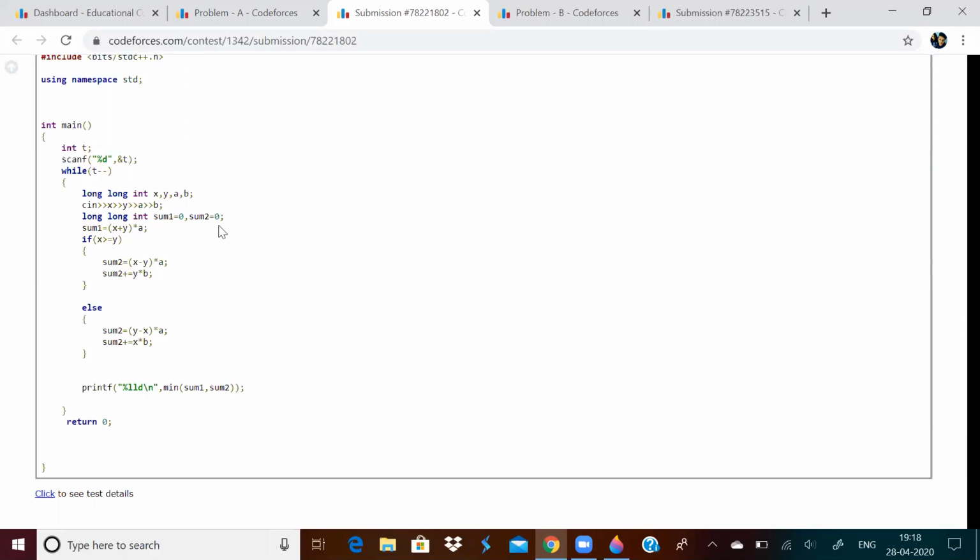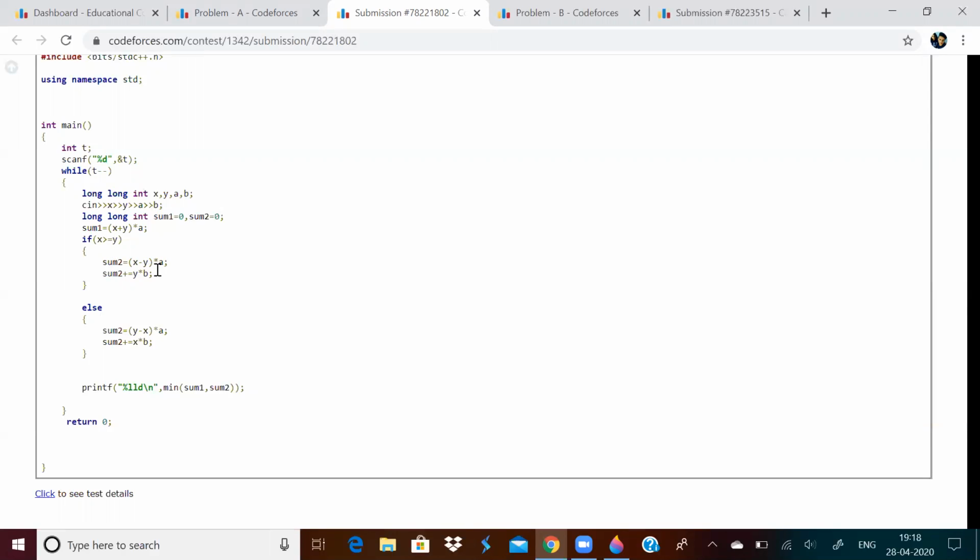The other option would be: if x is greater than or equal to y, I will make x equal to y. Until x becomes y, I will use the first operation. After that, when x is equal to y, I will use the second operation. And similarly, I will do it if y is greater than x.